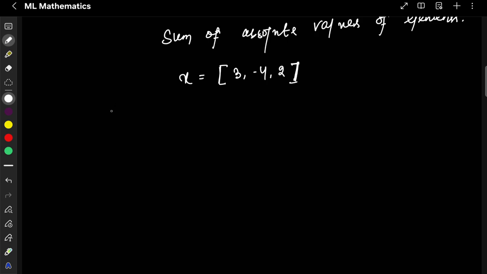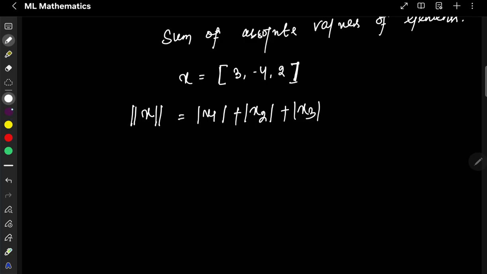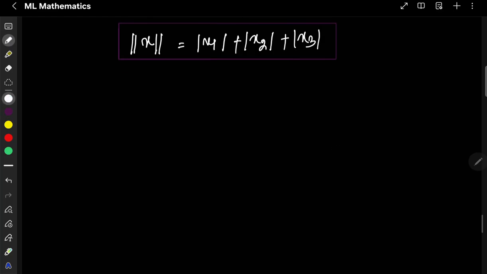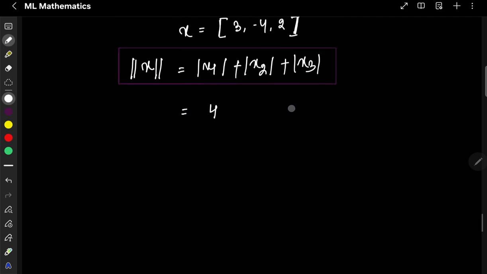So when it comes to L1 normalization, you take the absolute value of each element. What does that mean? That would be the absolute value of x1, x2, and x3. What we are trying to do here is, if I'm just boxing it out so that you understand the formula as well: for our case it is 3, -4, 2.